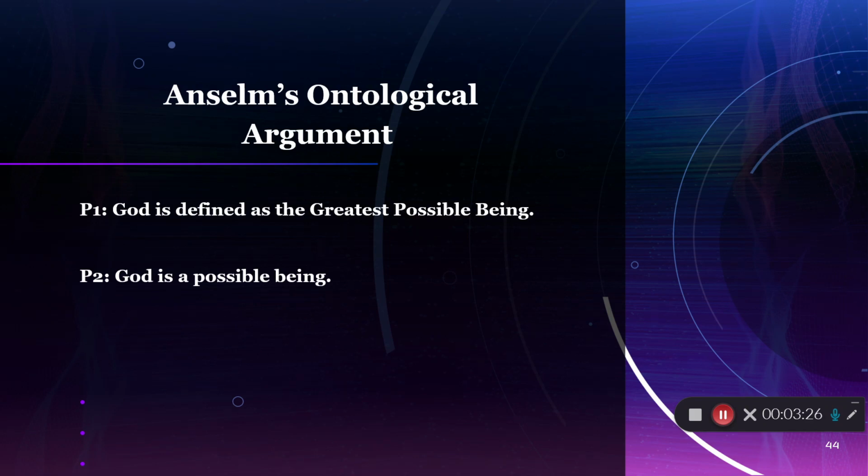So, premise one is a definition, and it is customary to define one's terms, often as a premise in an argument. By defining a term, it does not follow that that thing exists, or even that that thing is possible.